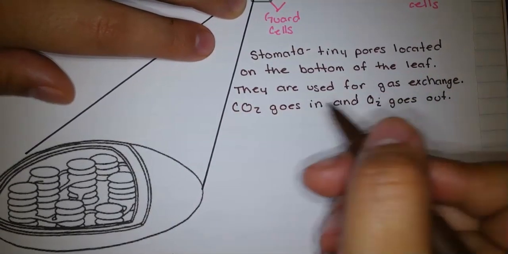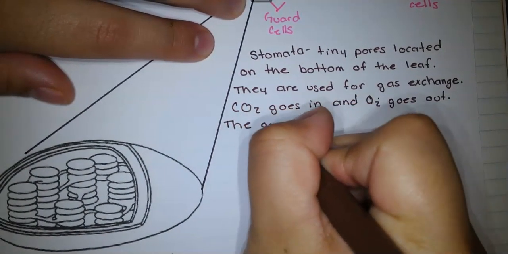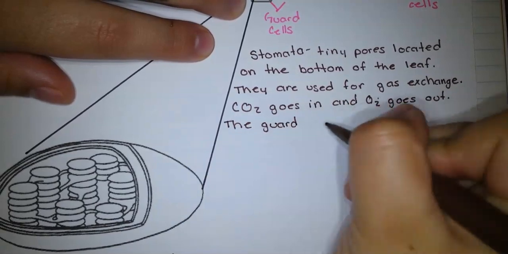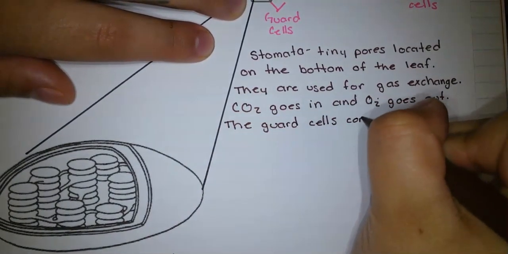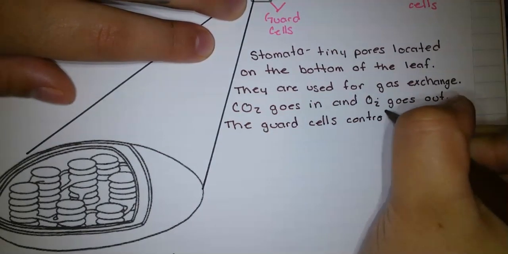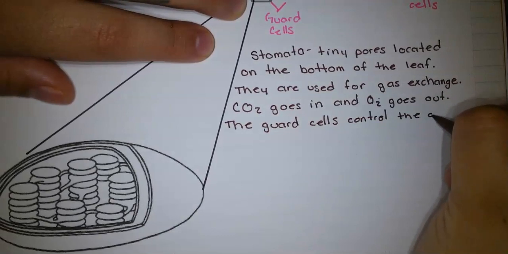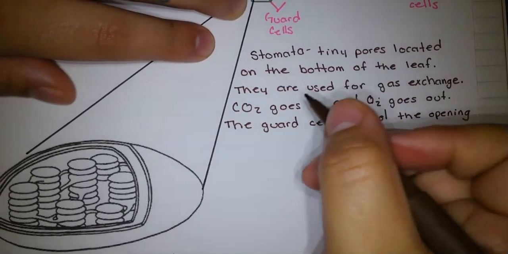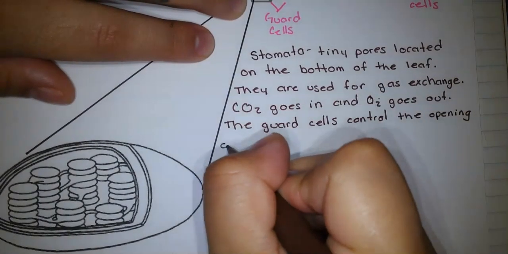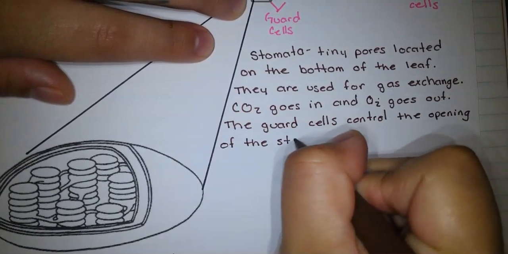And the guard cells control the opening of the stomata.